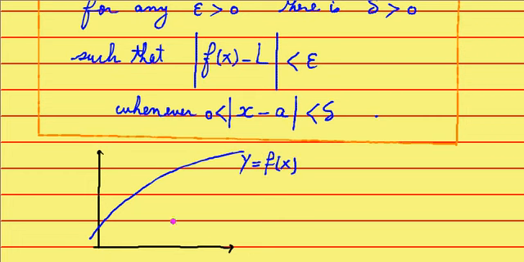We are investigating the behavior of this function when x is some number, say, close to a. So here is where the function is at. We are saying that when x comes close to a, the function comes close to its limit L. We want to understand that.